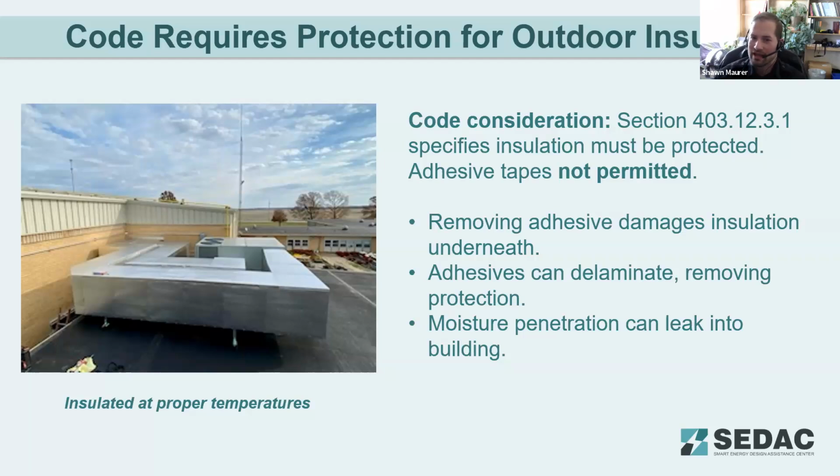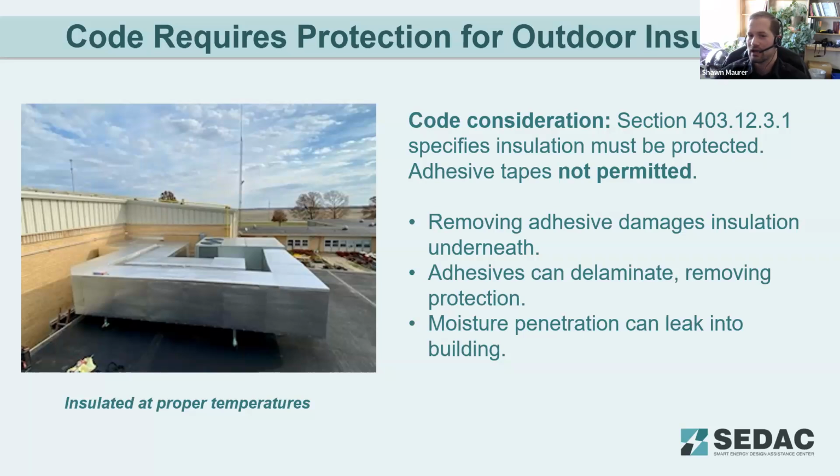But the main reason the energy code does not permit the use of tapes is because when you have to do maintenance on this work, you need to access something underneath. If you pull that adhesive tape off, it's going to damage more of the insulation than just where you're pulling a tape off, because it's going to rip out chunks of insulation that are adhered to that tape. Also, in general, tapes aren't broad width like this VentureClad system.